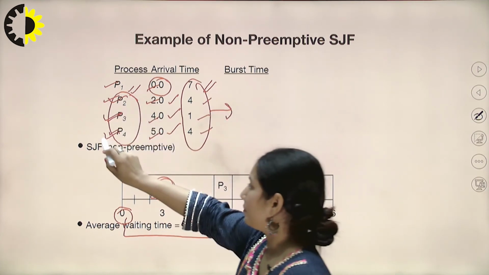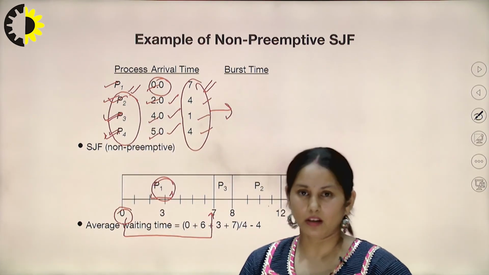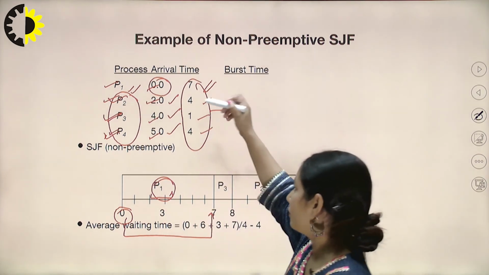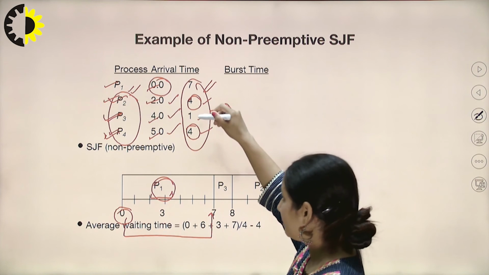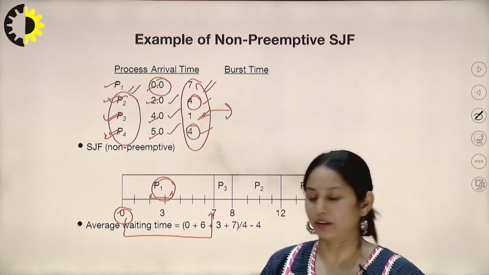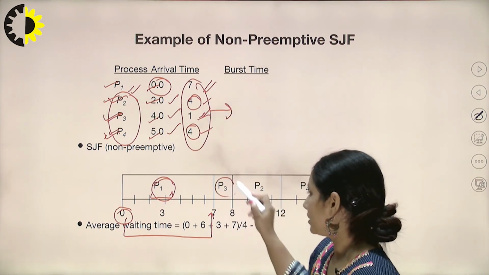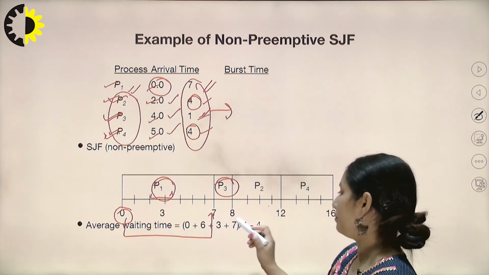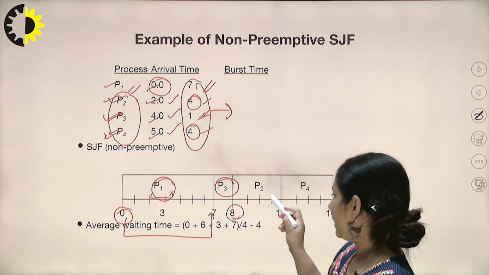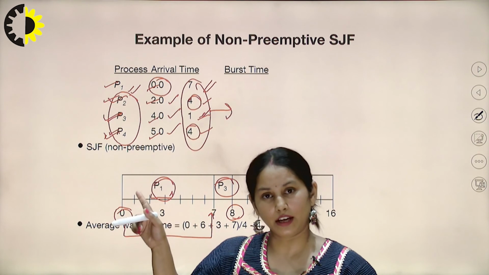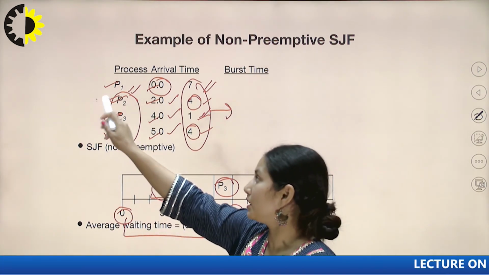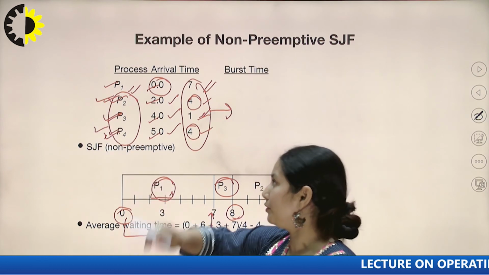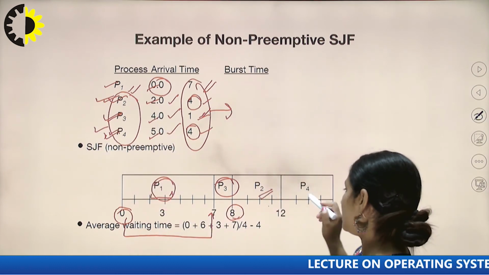P2 and P4 have similar burst times, so there is no effect there. P3 has a burst time of 1 unit, so P3 will be executed first, up to 8. Again, as per the arrival time, you allocate the CPU: P2 came first, after that P4, so P2 will be executed first and then P4.